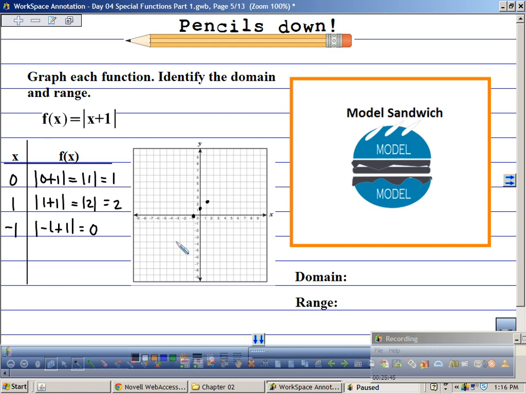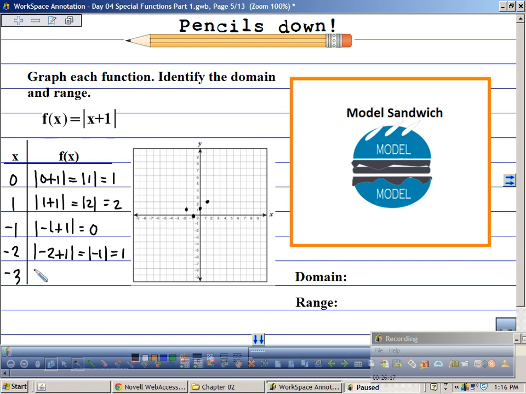I want to see if it's going to keep going down or if it's going to start going up. So let's substitute in negative 2. Negative 2 plus 1, the absolute value is negative 1, which is 1. So if I substitute in negative 2, I get 1. I start to see a V, right? So now I need to confirm it. I'm going to pick one more point. What would you pick?